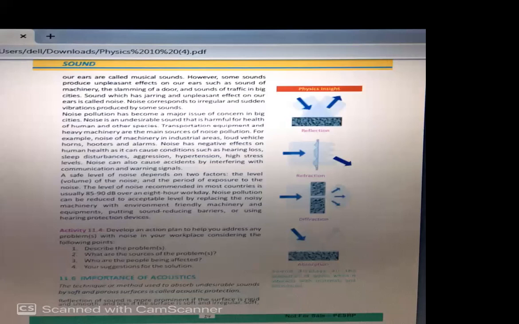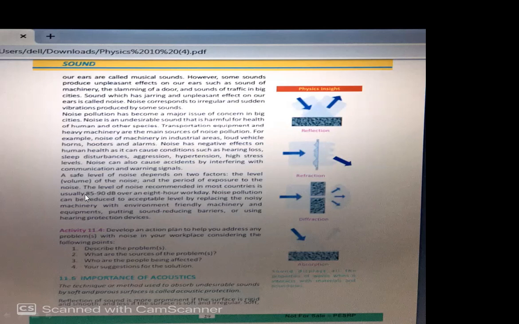So the desirable noise level is 80 to 90 dB. The level of noise recommended in most countries is usually 85 to 90 dB over an 8 hour workday. If you are working in a factory 8 hours daily, then they recommend that the noise level should not exceed 90 dB.